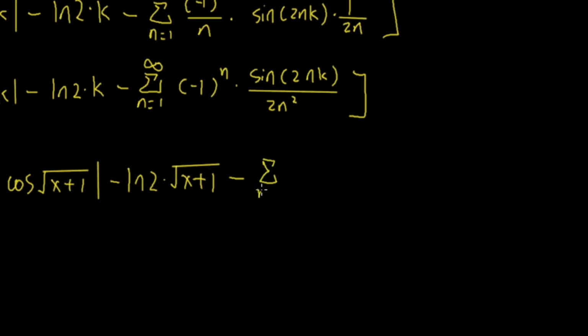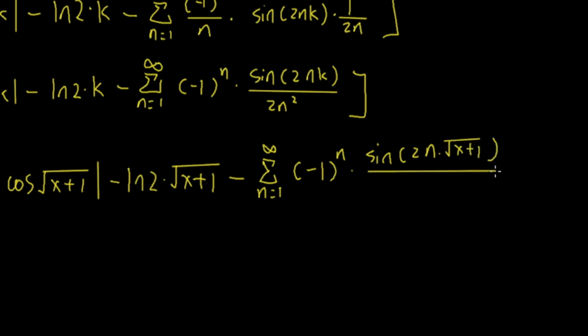The sum of n equals 1 to infinity, right? Negative 1 to the power of n times sine 2n times square root of x plus 1 divided by 2n squared.